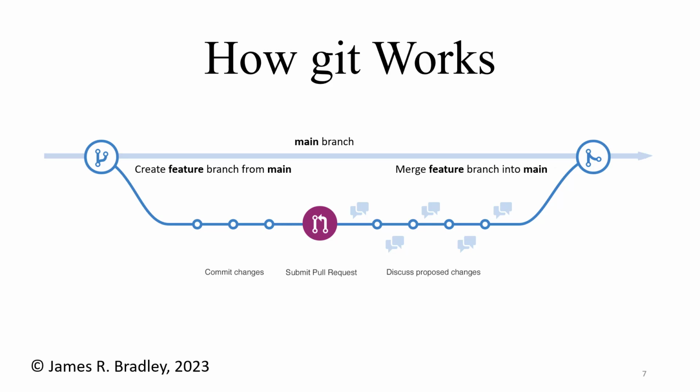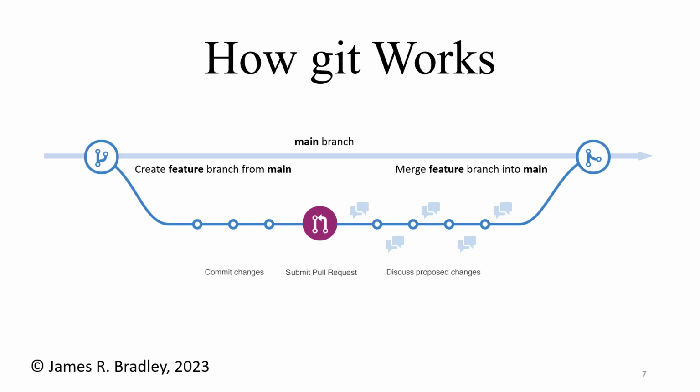At that point, whoever's on the team would review the code, perhaps have a discussion, and then finally, when the people in charge are in agreement, your code will be integrated into the old main branch and become part of the functioning software. At that point, what's usually done is the branch is deleted because we don't need it anymore. Whatever you worked on is part of the main branch at this point.